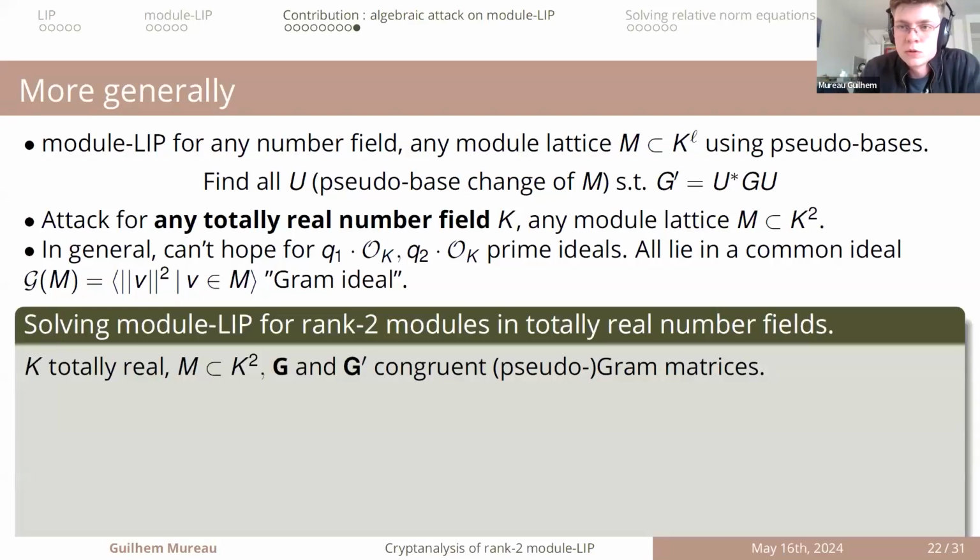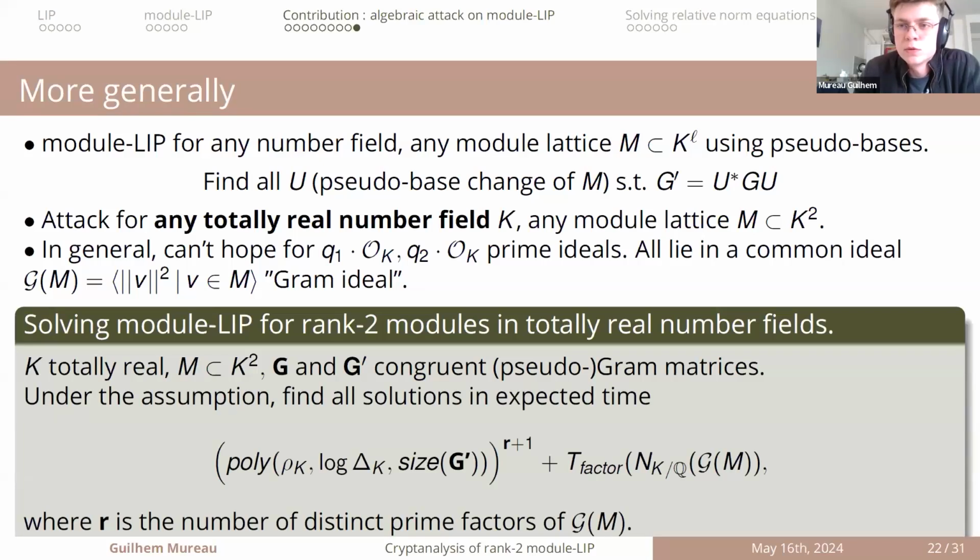So this is actually what the full statement looks like for any module lattice. It solves the problem in time polynomial in rho K, log of the discriminant of the field, the size of the input, and all of this to the exponent r plus 1, where r is the number of distinct prime factors of the Gram ideal.